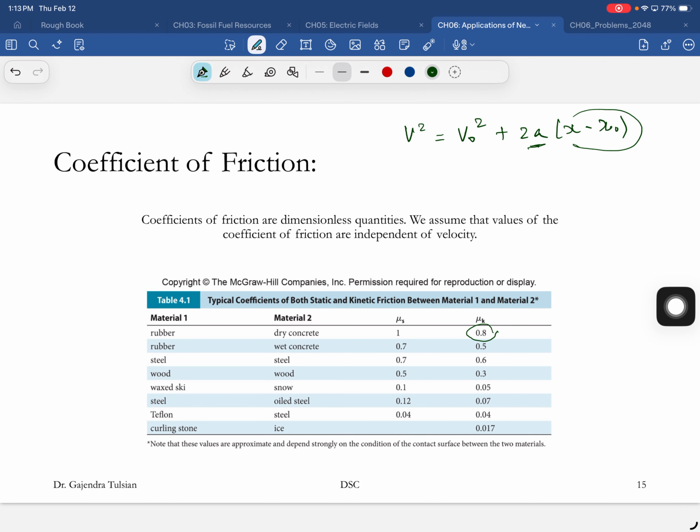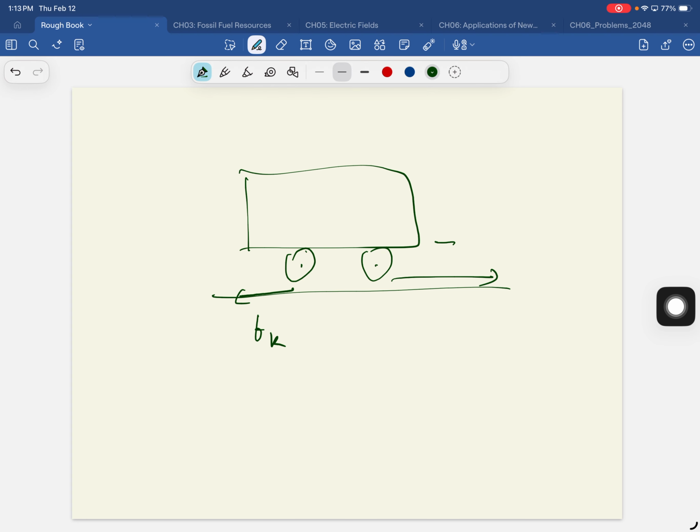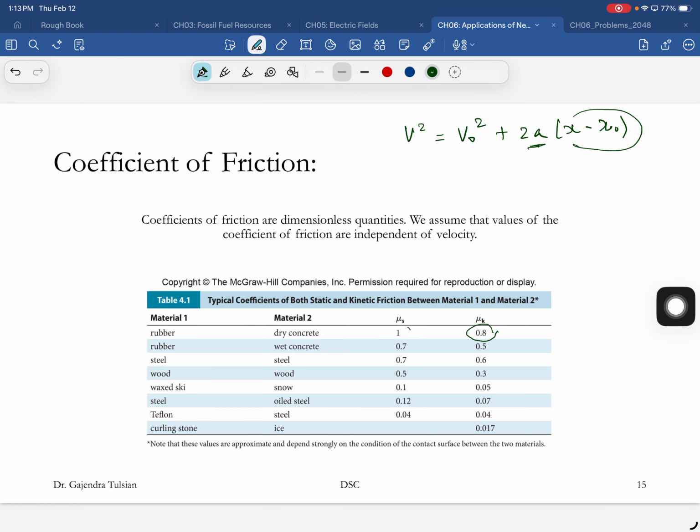If your wheel is rolling, you're using the static coefficient of friction, because that point is at rest, and you're using this coefficient. The acceleration is greater, your stopping distance is smaller.